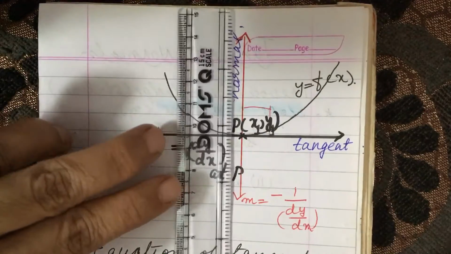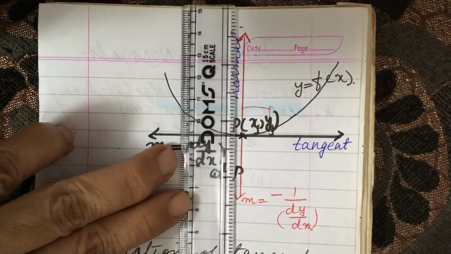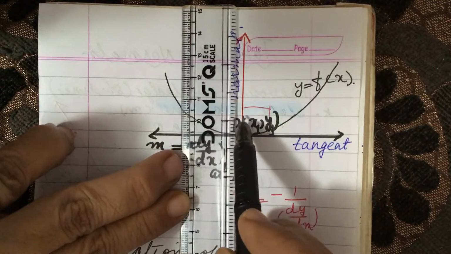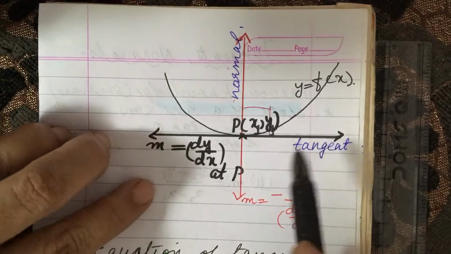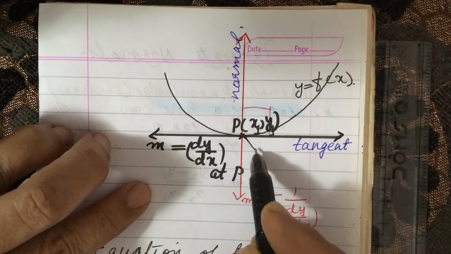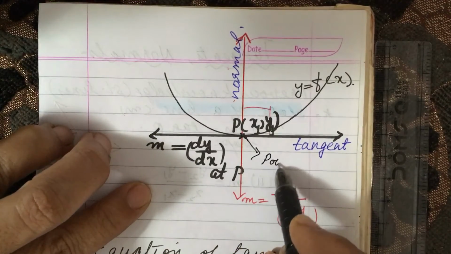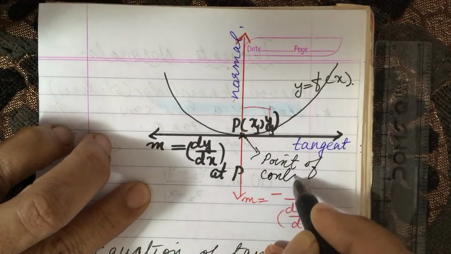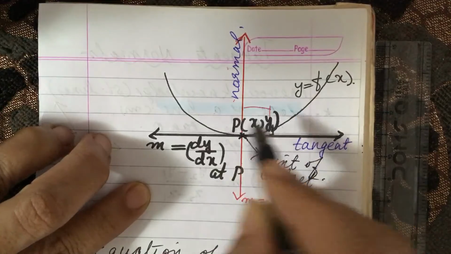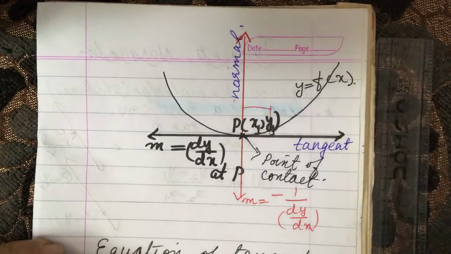And what do you mean by normal? Normal at P is the straight line which is perpendicular to the tangent. This P is known as the point of contact of the tangent to the curve.